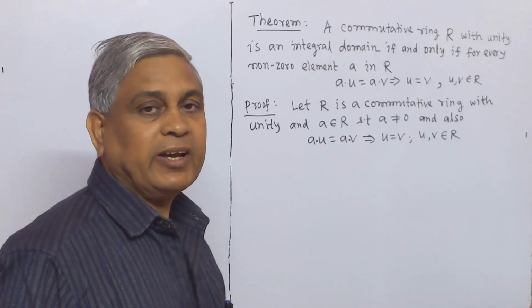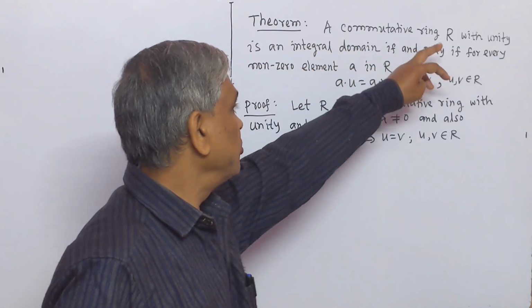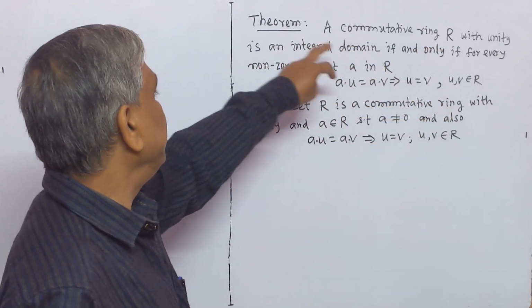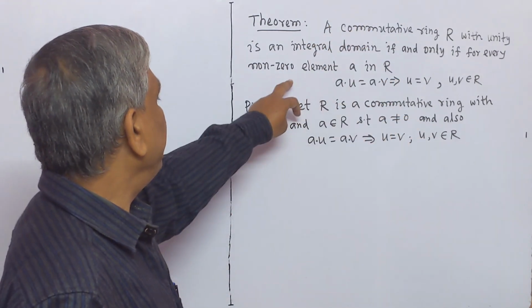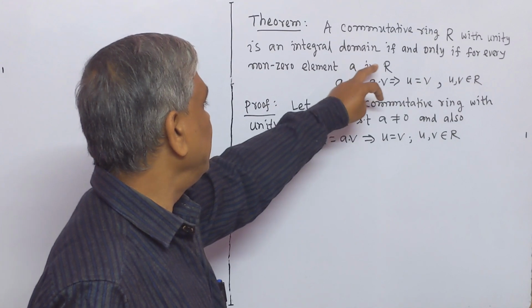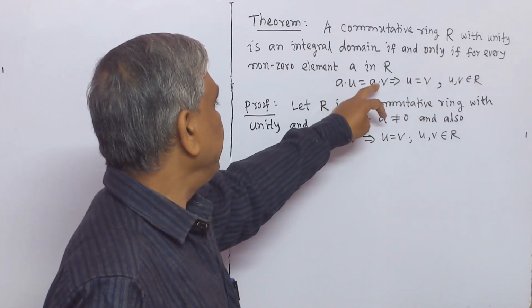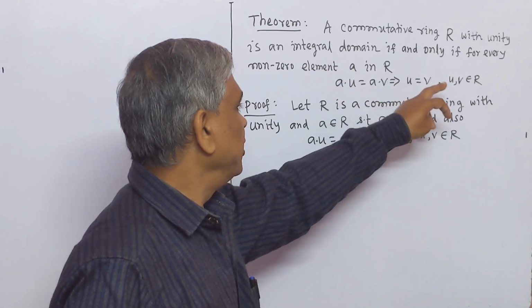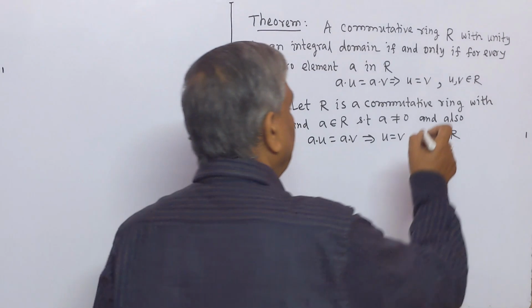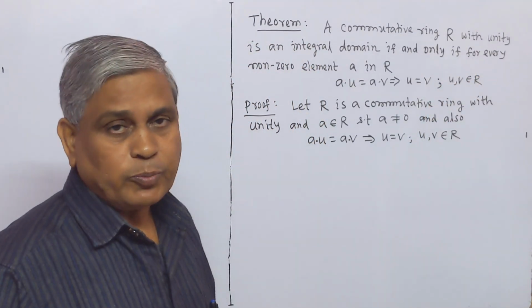Now we prove the next theorem. The next theorem is: a commutative ring R with unity is an integral domain if and only if for every non-zero element a in R, a multiply u equal to a multiply v implies that u equal to v, where u, v are elements of R. Now we prove this.